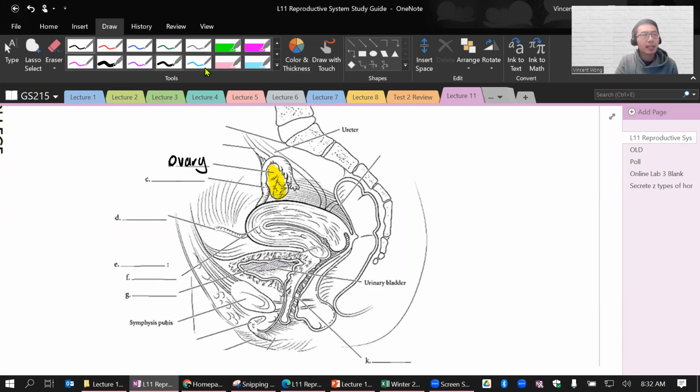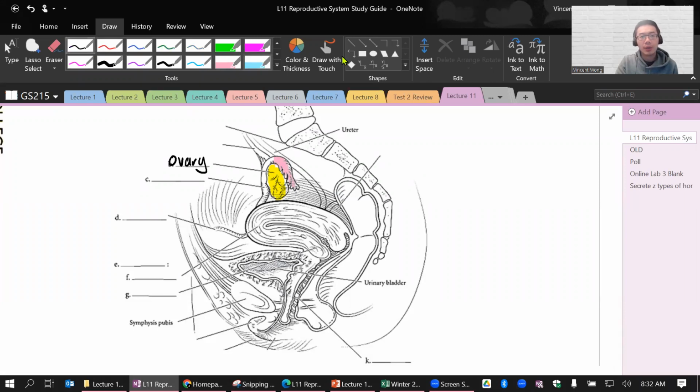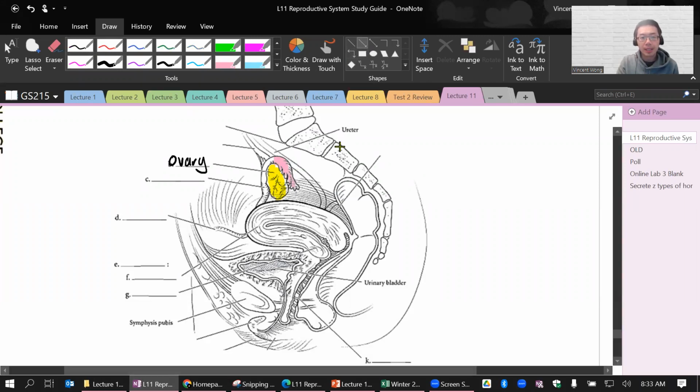And there are these hairy structures over here that will help guide the egg into the fallopian tube. Okay, and that is called the fimbriae.